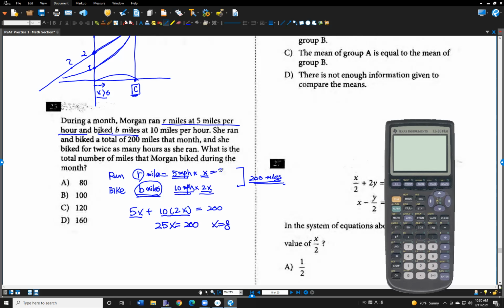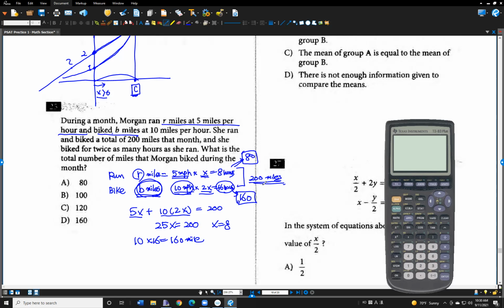So running is 8 hours. Biking is 16 hours. So how many B miles? 10 miles per hour times 16 hours, right? 10 times 16 equals 160 miles. Running is 8 hours, 80 miles.